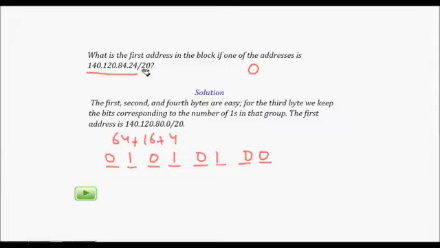Since the prefix is 20, we make the last 4 bits 0, so the number is just 64 plus 16, so 80. So our network address is 140.120, these are all ones ANDed with 1 so they remain the same, then 80.0. So this will be the first address, 140.120.80.0.